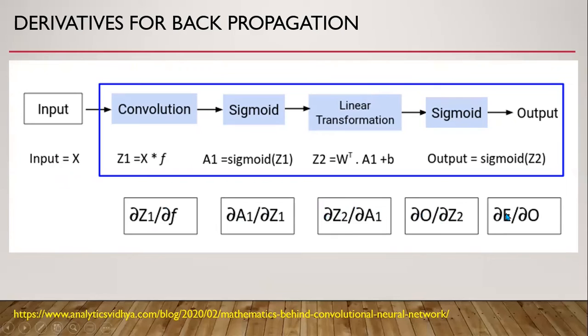So we go from this layer to the convolution layer by using the chain rule. This I have taken from this very useful resource.